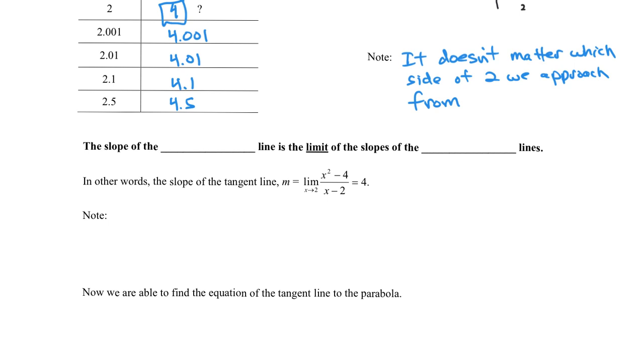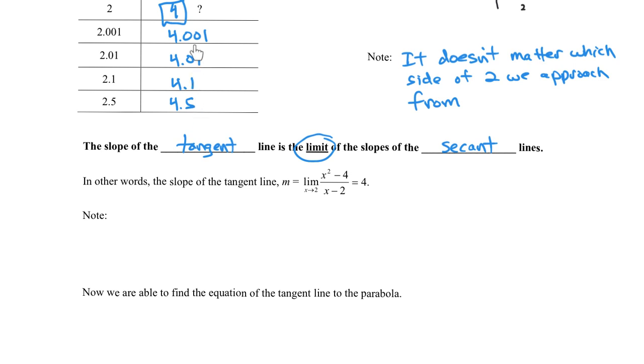And now here's the important concept that we have been heading for from the beginning. The slope of this tangent line, the slope that we were looking for, is the limit of the slopes of the secant lines. This concept of limits is going to be really important for us, but we can see just by looking at these numbers that they are heading for a value.